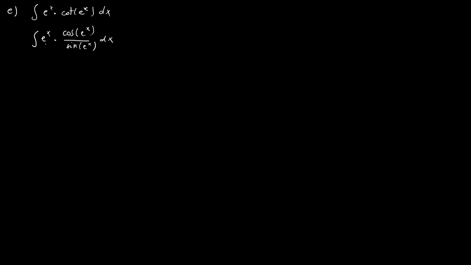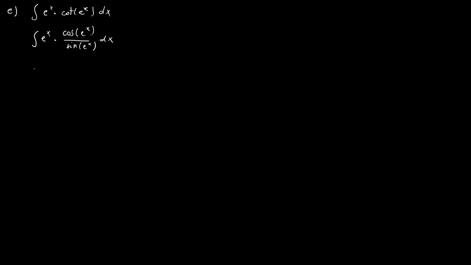So now what's neat? Well, actually, you see sine e to the power of x has a very interesting property, because if you derive sine e to the power of x, you should know that that's cosine e to the power of x, so that would neatly cancel that out. But not only would it be cosine e to the power of x, it will also be, using the chain rule, times e to the x, and that's that part over here.